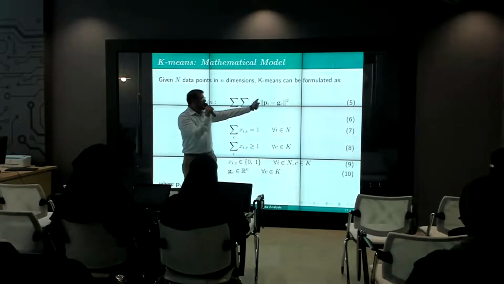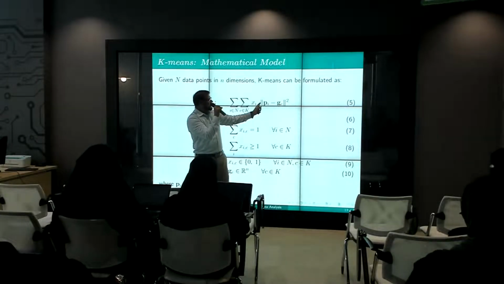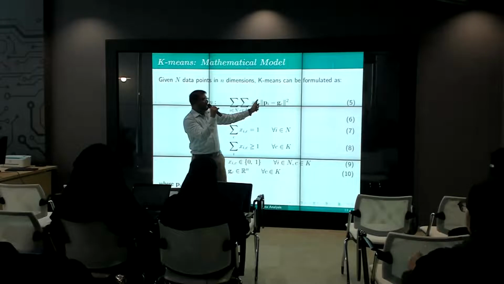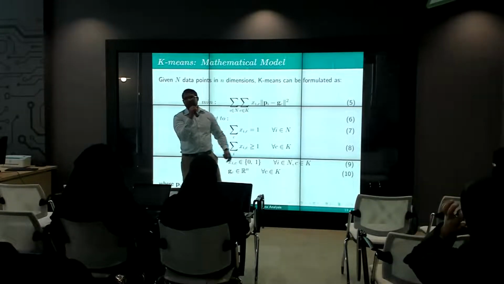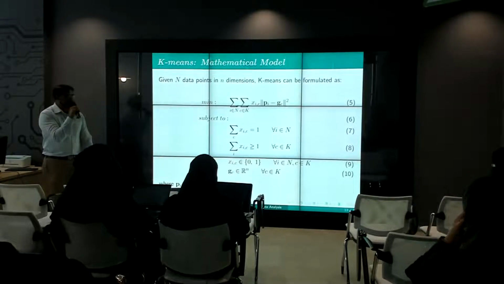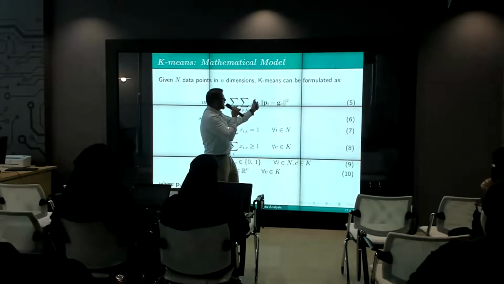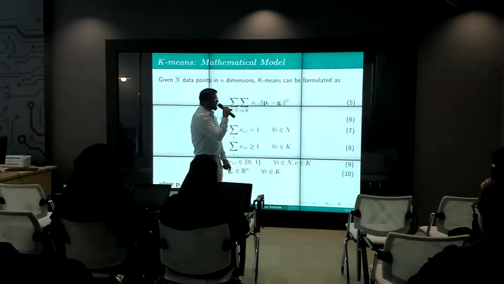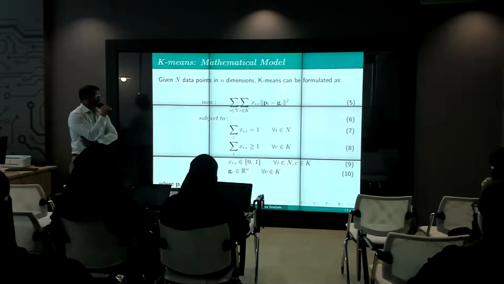So you are trying to minimize the Euclidean distance. Have you seen this distance before? It is also called norm 2, and the technical name is Euclidean distance. Of course, you use the square of the distance, ignoring the square root, with the same constraints as before.